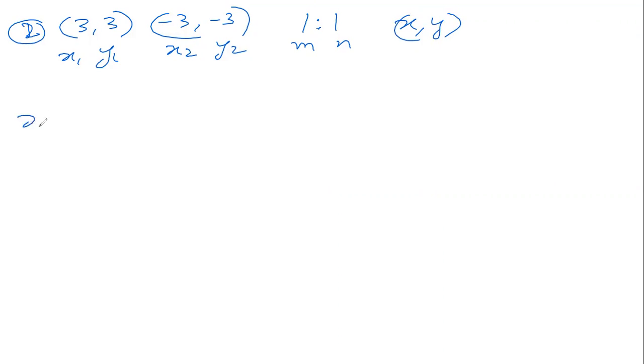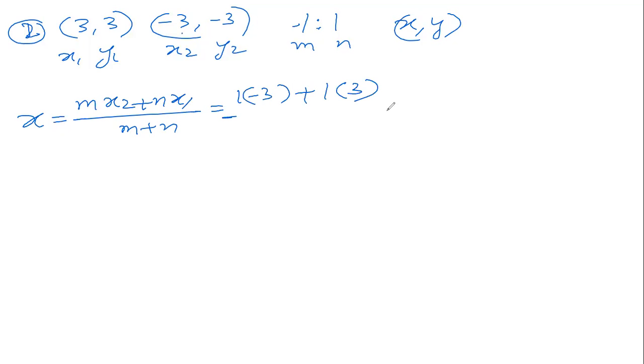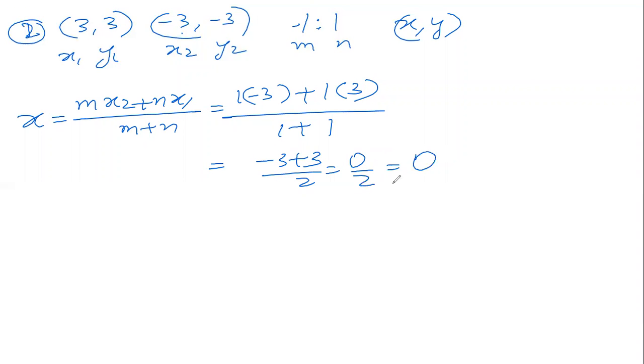Using the section formula, x equals (m x2 plus n x1) by (m plus n). That means 1 into minus 3 plus 1 into 3 by 1 plus 1. This is minus 3 plus 3 by 2, 0 by 2. 0 divided by anything is 0.